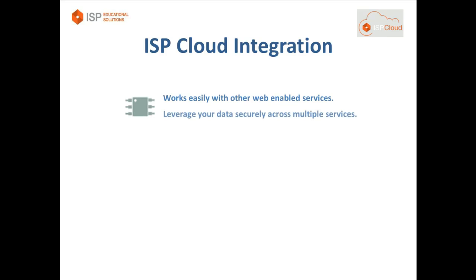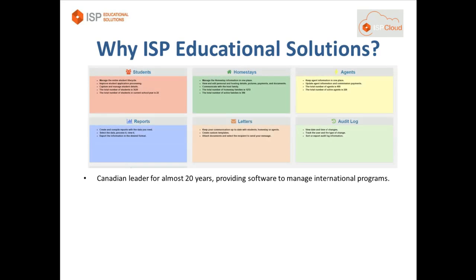We support that. We also leverage your data securely across multiple services. So if you have a healthcare insurance provider and it is necessary to send information about the students requiring insurance, again, we can leverage that for you in a very secure way.